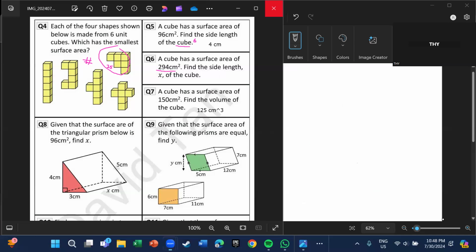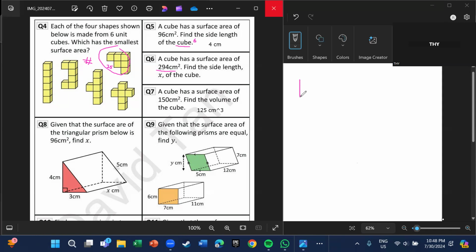Okay, sorry. Now, this question says that the surface area, sorry, there's a typo, never mind, of the triangular prism below is 96 centimeters squared. Find x. So let's draw out the shape.